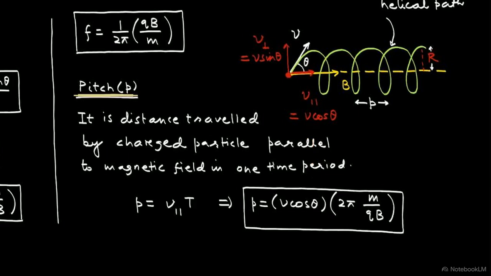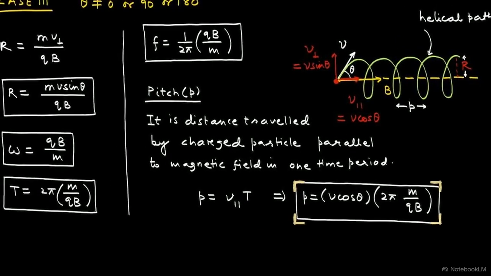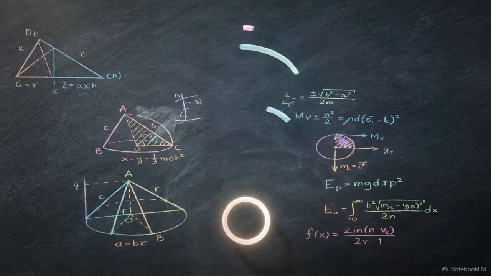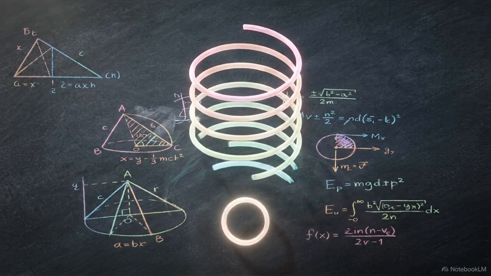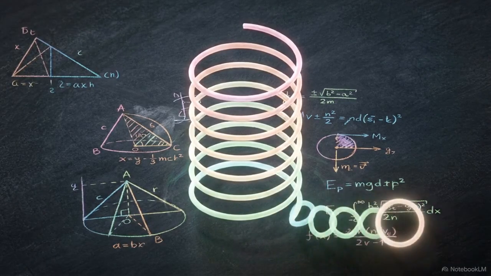We define pitch, p, as the linear distance traveled parallel to the field in one orbital period. Multiplying parallel velocity by period T gives the pitch formula. Any complex three-dimensional helical path is simply the simultaneous superposition of a 2D circle and a 1D straight line.